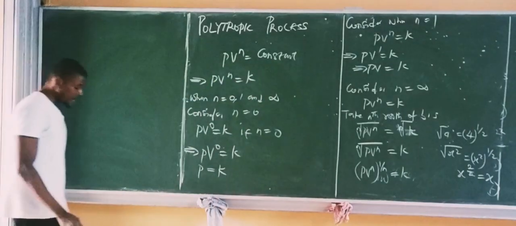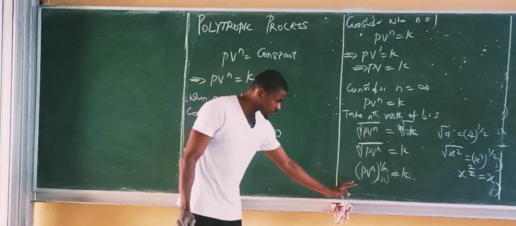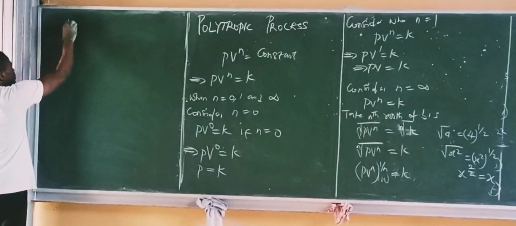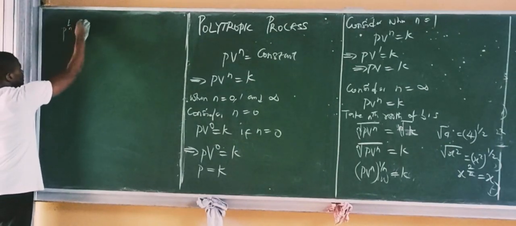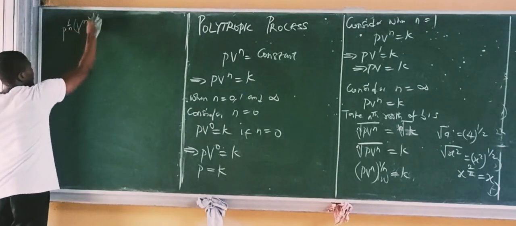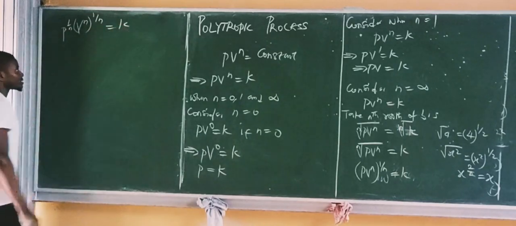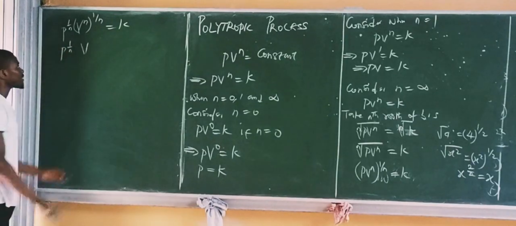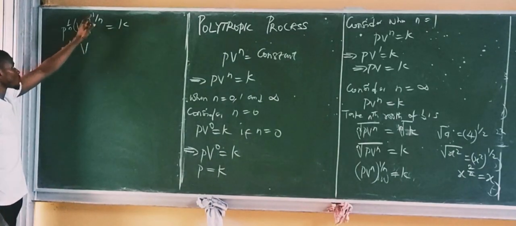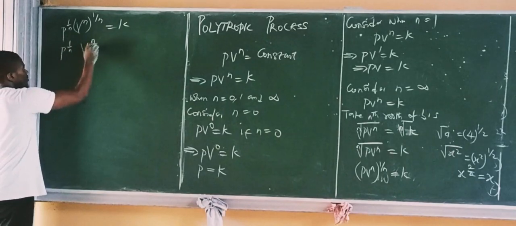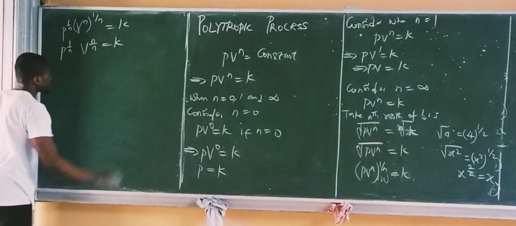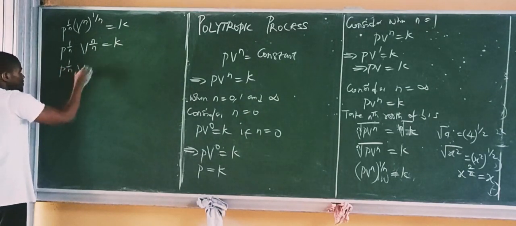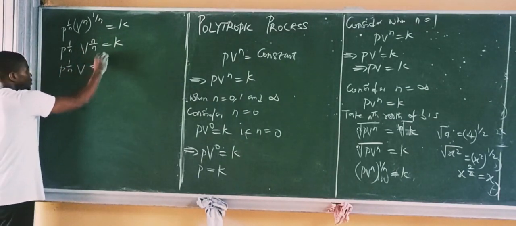And if I expand this bracket, I'm going to have P to the power of 1 over n times V raised to n all to the power of 1 over n is equal to K. Okay, so if I also expand the bracket, I'll have n times 1 over n, which gives me n over n. So this is actually P raised to the power of 1 over n times V, because n over n is 1, and that's equal to K.